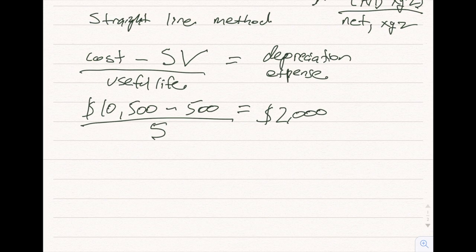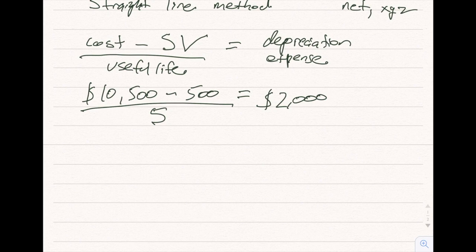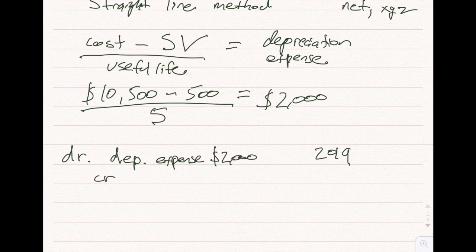We know there's a depreciation expense per year. So let's say that in the year 2019, you're recording for your business, and remember DR and CR, short for debit and credit. You're recording depreciation expense of $2,000, and that accumulated depreciation, that contra account or contra asset account to be more specific, the asset being equipment, also $2,000.